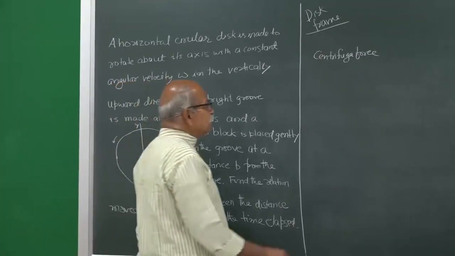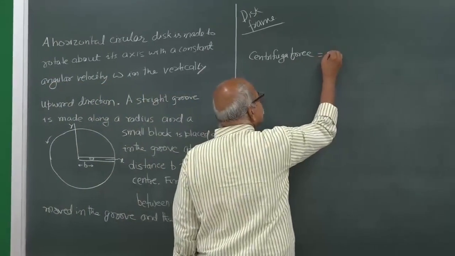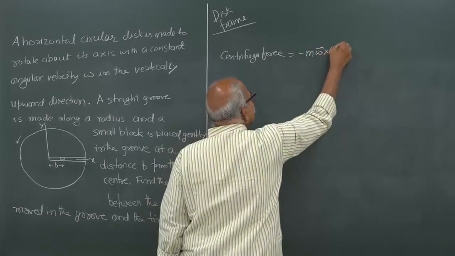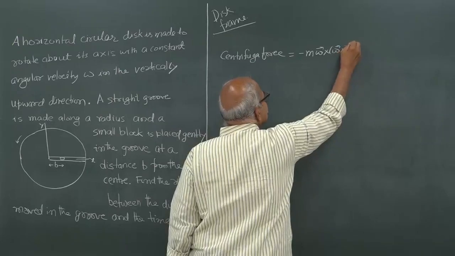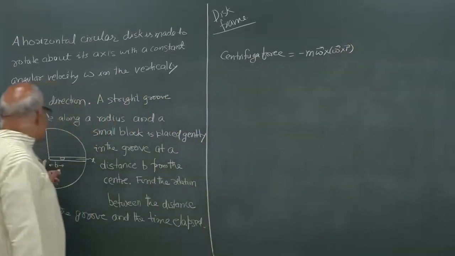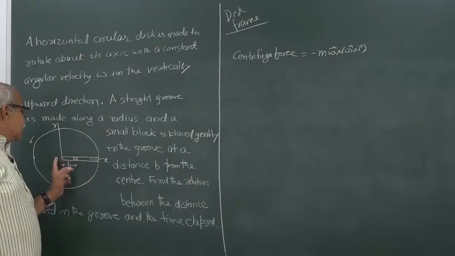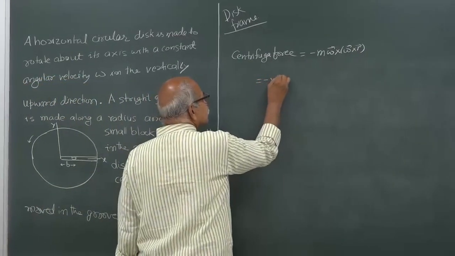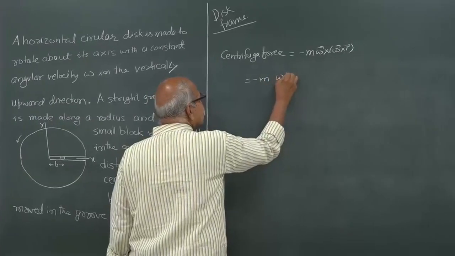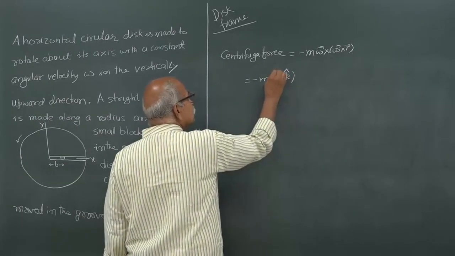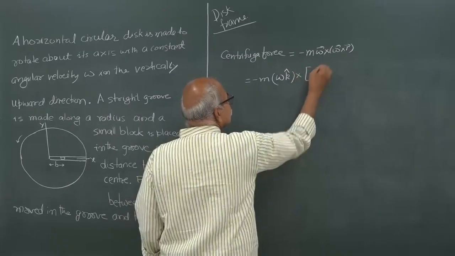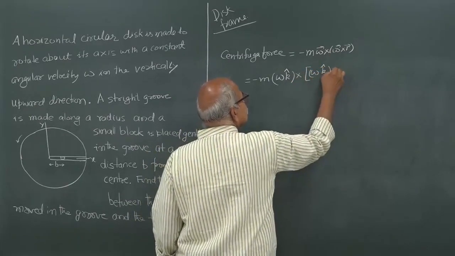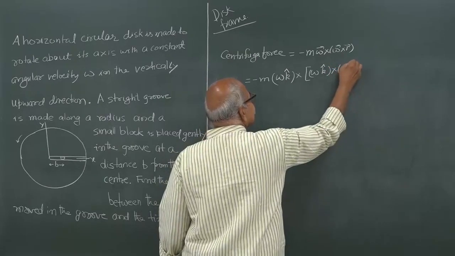So, the centrifugal force is minus m omega cross omega cross r, you can work out. If the particle is somewhere here at a distance x from here, then this is minus m, omega cross, where omega is omega k cap, cross omega cross r, and r is x i cap.